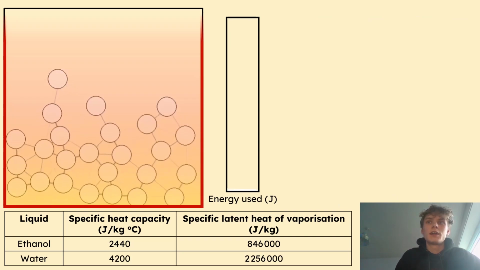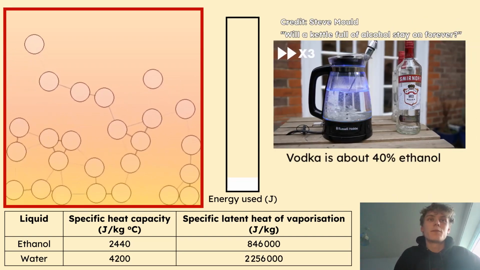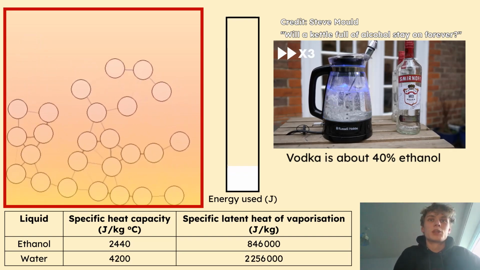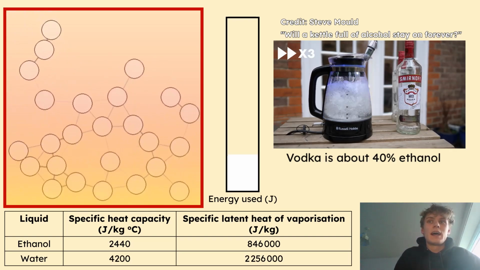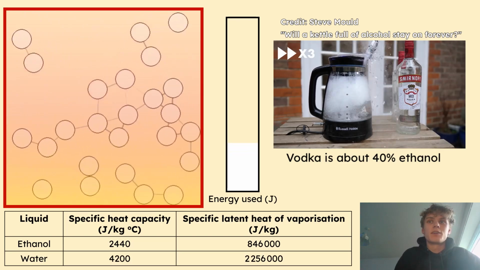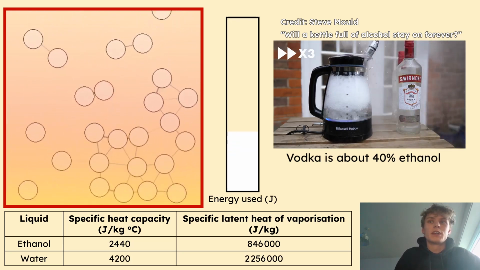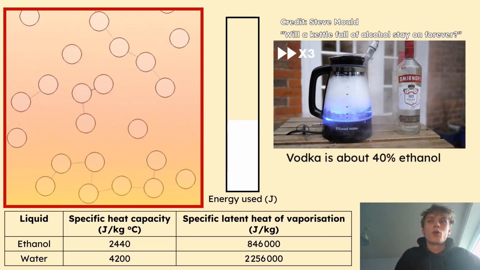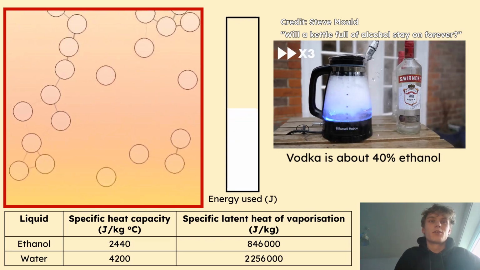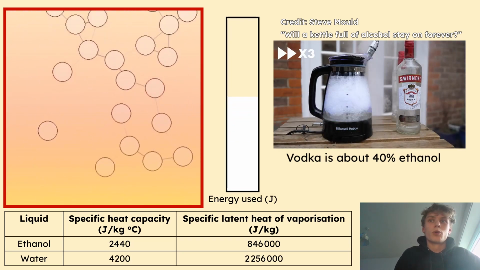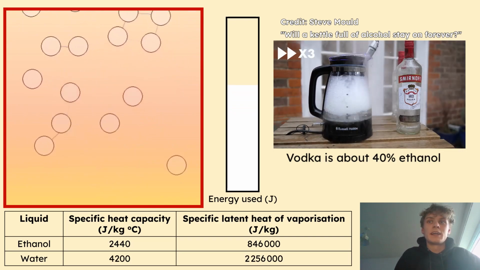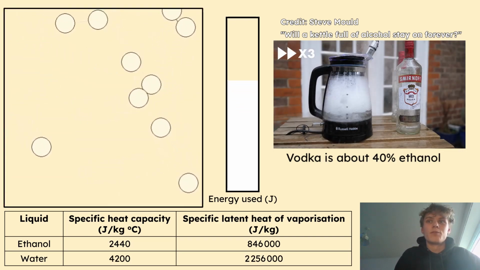Now, to turn this into a gas, we need to give the particles energy, which I'm keeping track of there. And so you heat up the liquid and the particles speed up and increase their energy. They are now able to overcome those intermolecular forces. The bonds are broken. This is now a gas. It has evaporated or been vaporized.